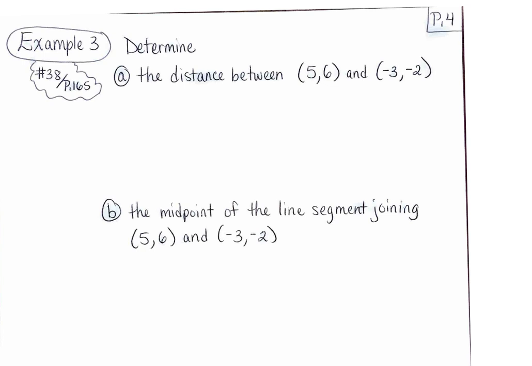I plugged in the first ordered pairs, which is -3 - 5, squared, plus parentheses -2 - 6, squared.